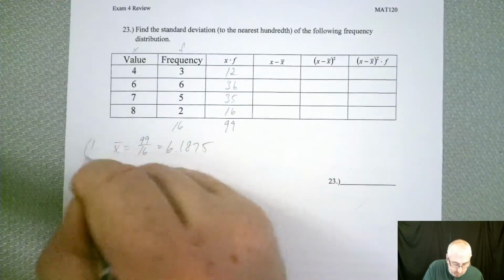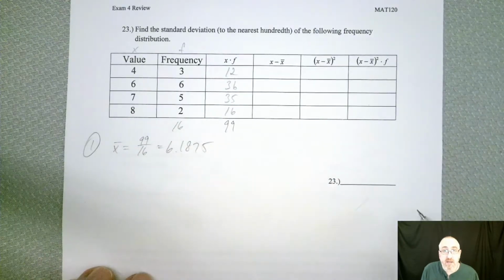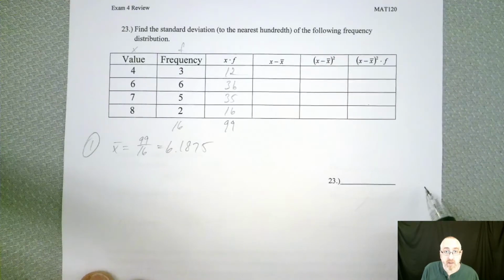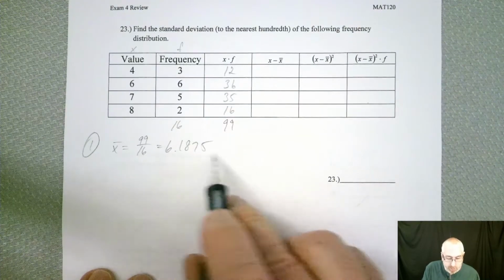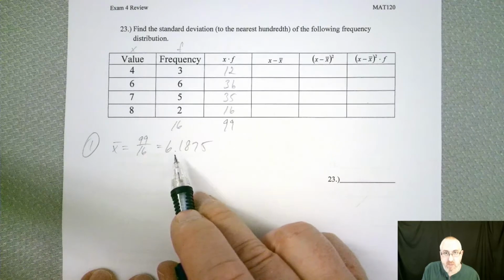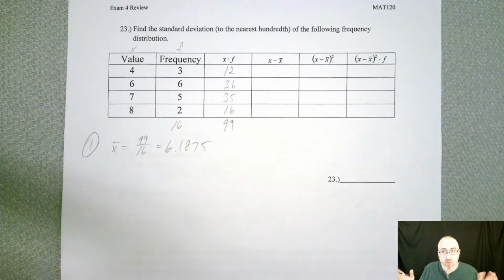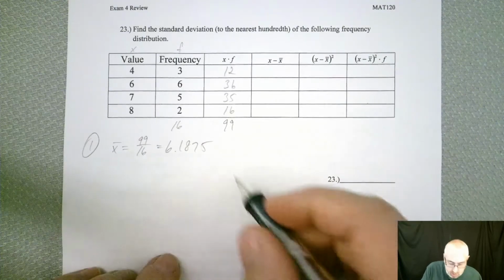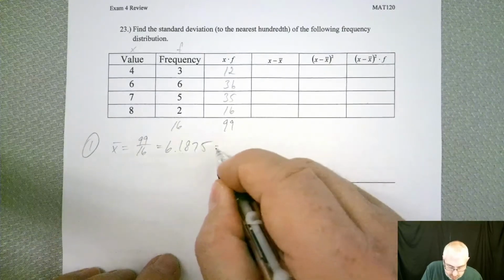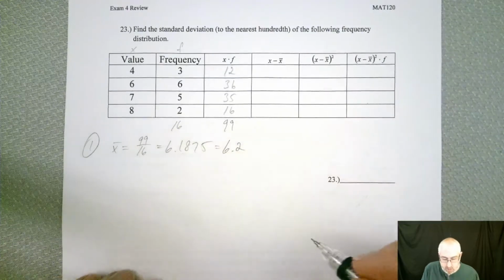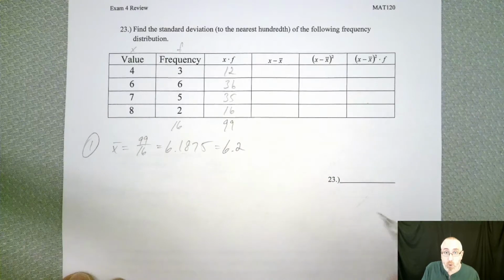Remember, that's step 1 in that 6-step process, so you have to find the mean first. Now, we don't want to use all these decimal places, because otherwise we'll have huge decimals when we square them. So let's round this to just 1 decimal place, so 6.2.